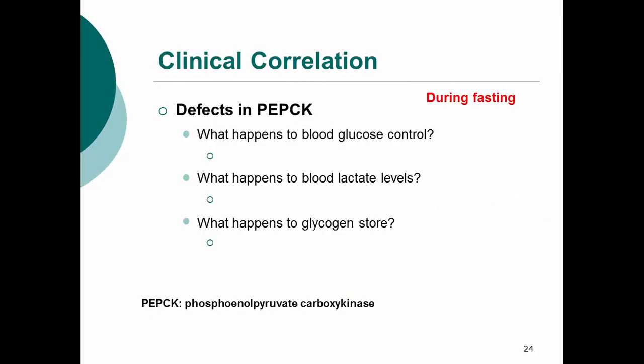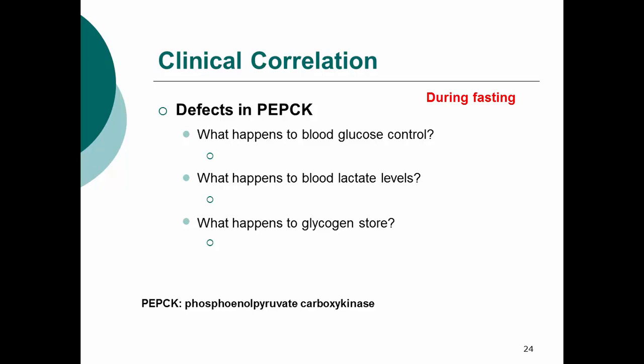Okay, so let's do something interesting, clinical correlations. Remember we talked about key reactions and key enzymes in gluconeogenesis. One of the key enzymes is PEPCK, phosphoenolpyruvate carboxykinase. PEPCK is one of the key enzymes that catalyzes a reaction in which part of the cell, remember?